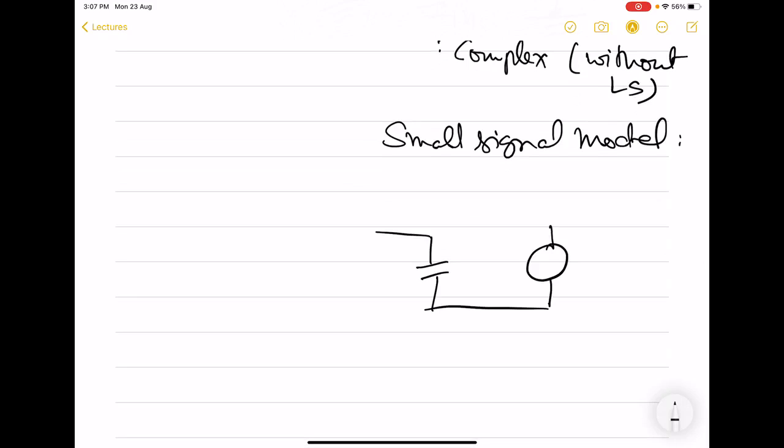So now we will have to include this gate to source capacitor in the model. And source is connected to an inductor.